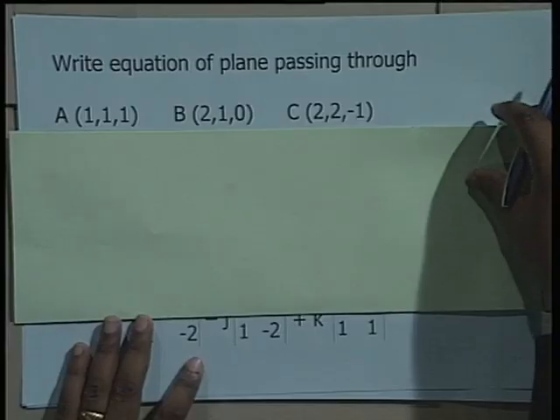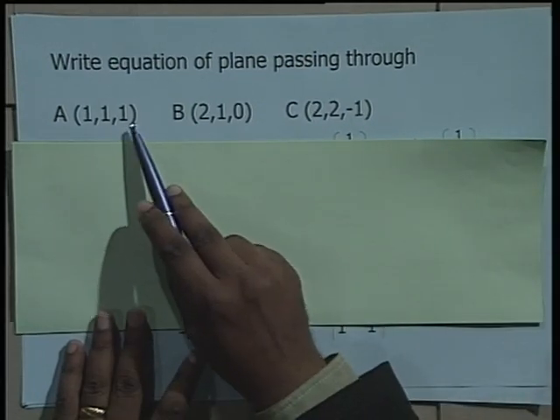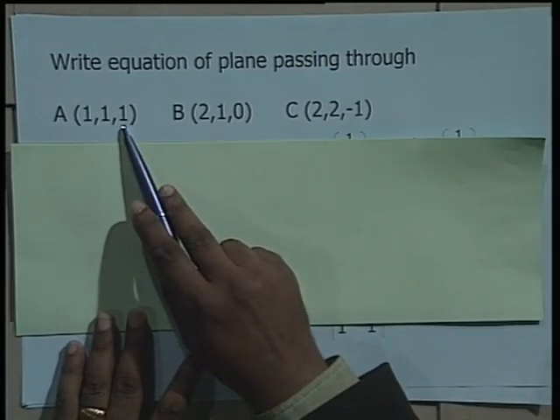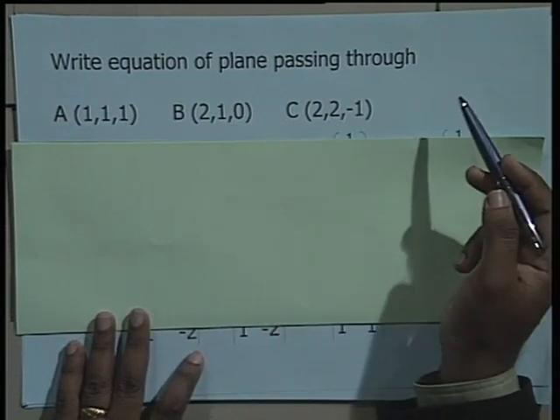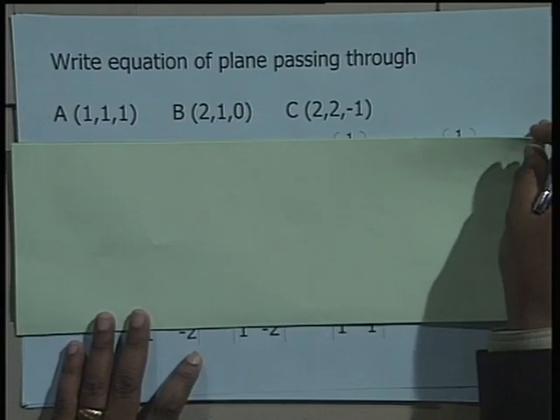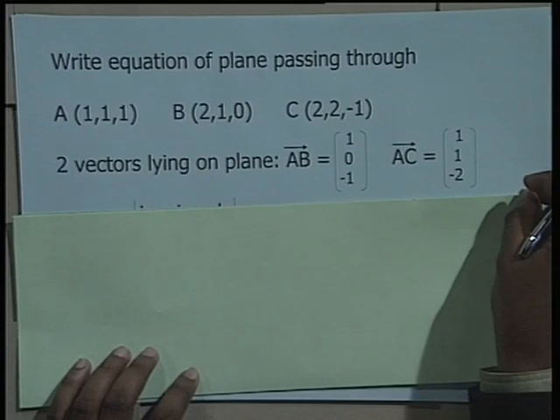Write the equation of a plane passing through A, which has coordinates 1, 1, 1, B, 2, 1, 0, and C, 2, 2, minus 1. The first step would be to find two vectors on the plane.